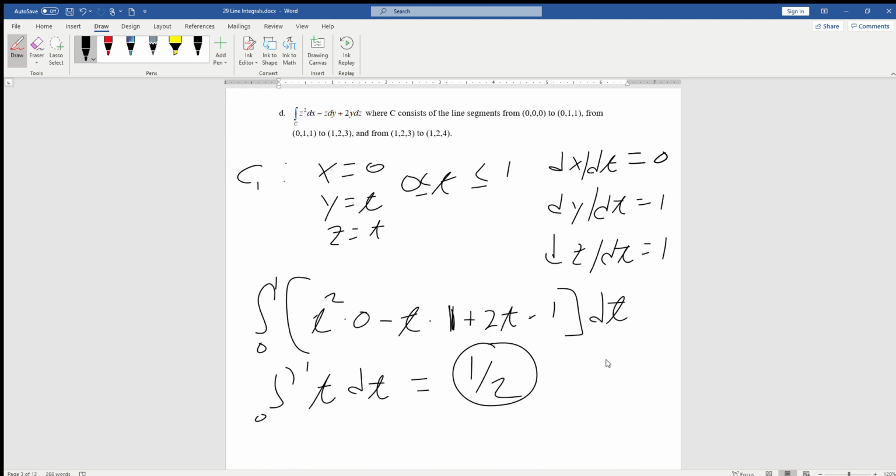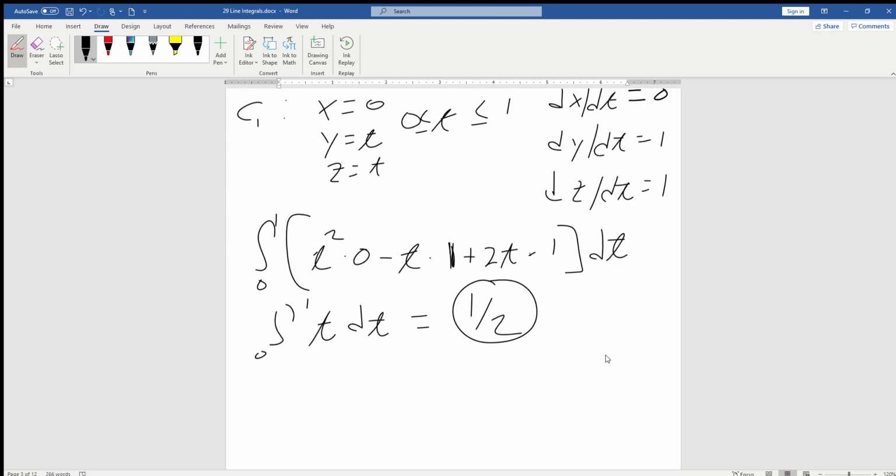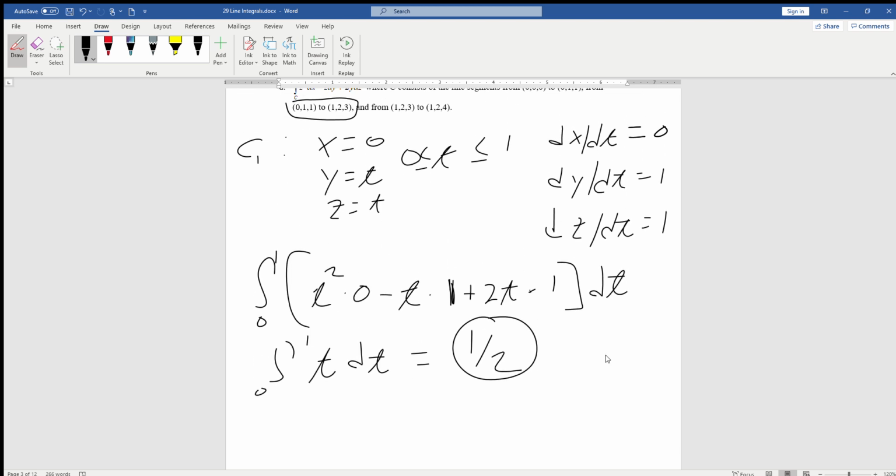Okay, so now we're going to take a look at C2. Path C2, we're going to say goes from 0 to 1 on the x coordinate, so that's just going to be t. From 1 to 2, so y is going to be equal to 1 plus t. And then notice that finally we go from 1 to 3, so z is going to be equal to 1 plus 2t.